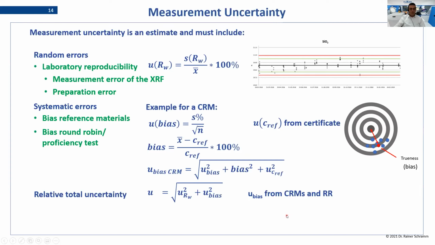We now have to define also the probability of the confidence interval and to say that this is valid in 95% of the cases. So in this case, then we have to multiply it by 2. And then you have your total uncertainty. So this means in the end, you have all these values to calculate your uncertainty for your laboratory, but you have to collect them.